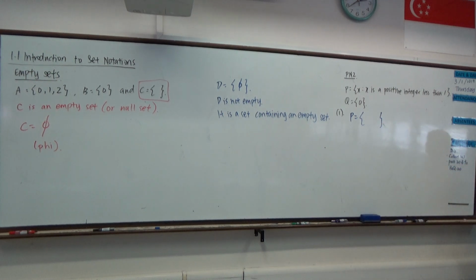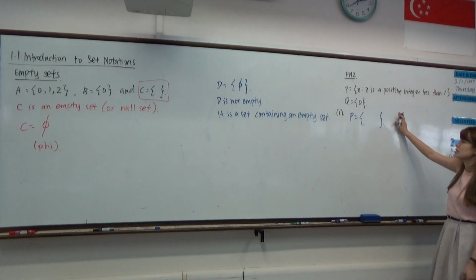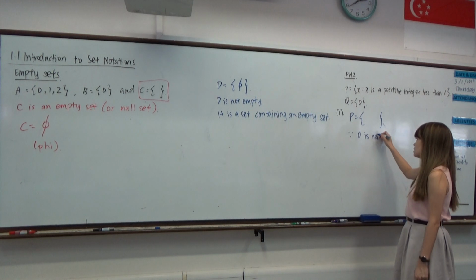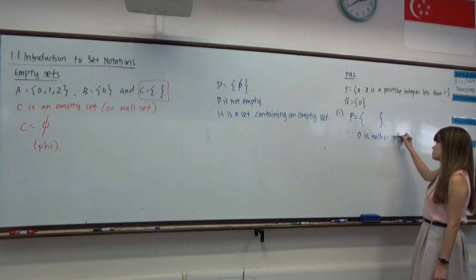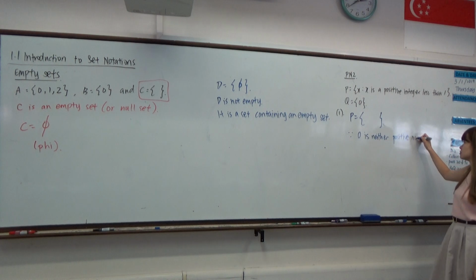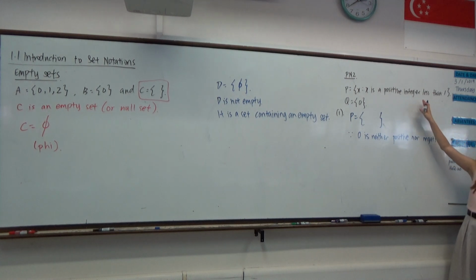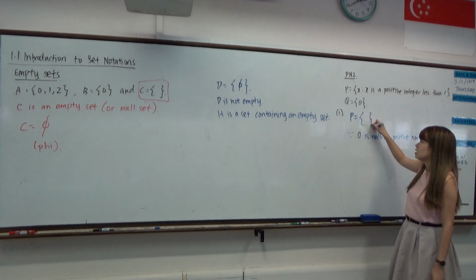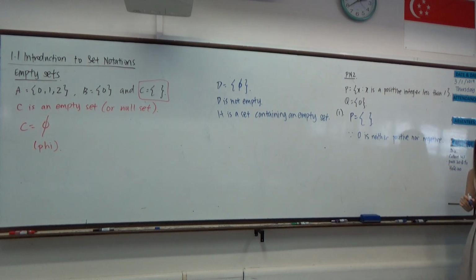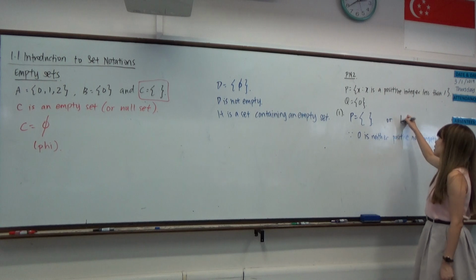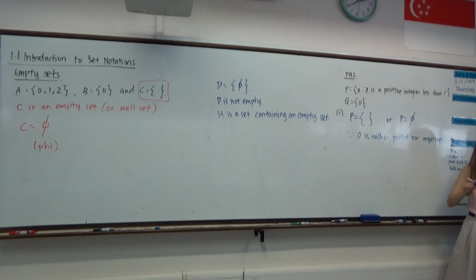There is no element, because just now we addressed that 0 is neither positive nor negative, although it is an integer. So it does not fit in this. P is actually an empty set. If you need to describe it in set notation by listing elements, you can write it in this way, or you can write this.